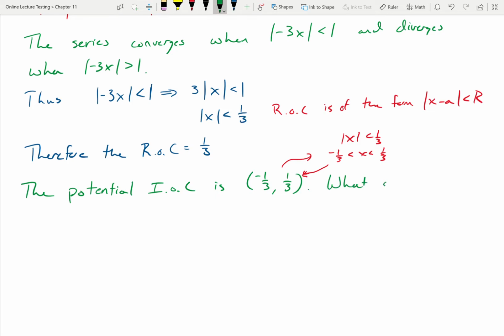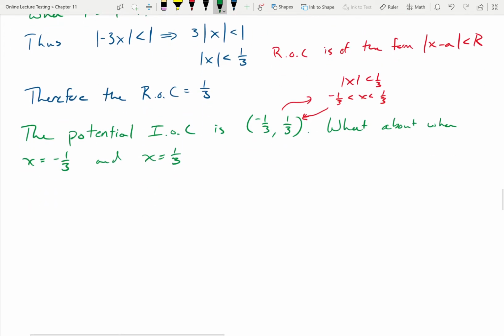What about when x is equal to negative 1/3 and x is equal to positive 1/3? We need to check these out. So you always check the endpoints unless you're dealing with a geometric series.